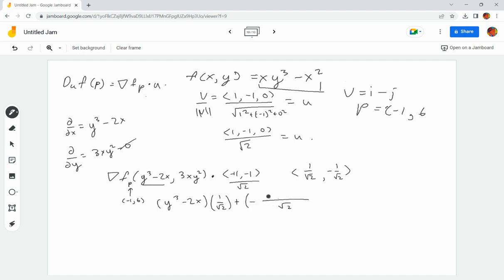Negative square root of 2, that's why I did it both ways. Plus 3xy squared. And then I am not done. You have to plug in p. Then you get an answer, I believe.